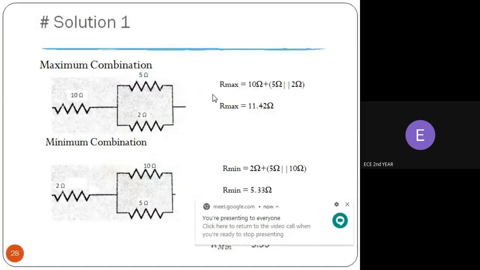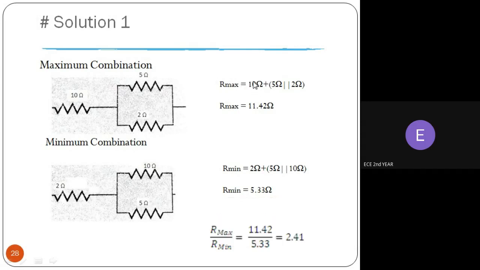For the maximum combination, the maximum value of these three resistances is 10 ohms, so the 10 ohms should be connected in series. The other two, 5 ohms and 2 ohms, are connected in parallel. So the maximum resistance is 10 plus 5 parallel 2.